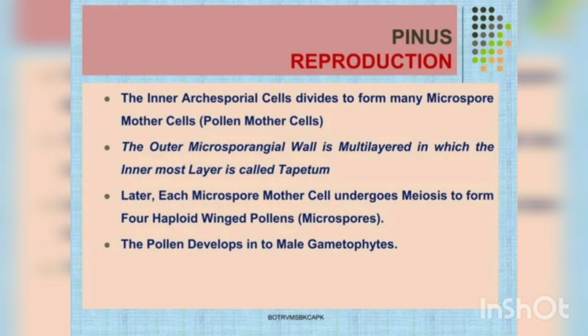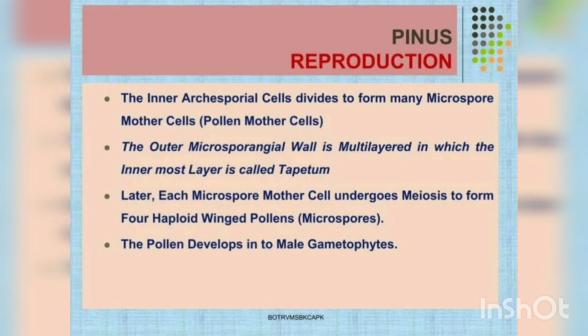Okay. Now, the inner archesporial cells divide to form microspore mother cells or pollen mother cells, and the outer wall layer is called the microsporangial wall layer, which is multi-layered, and there is an inner layer called the tapetum which gives nourishment to the microspore mother cell.